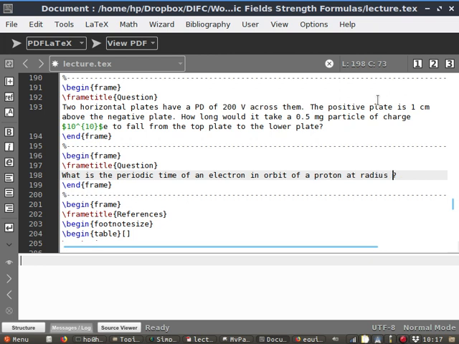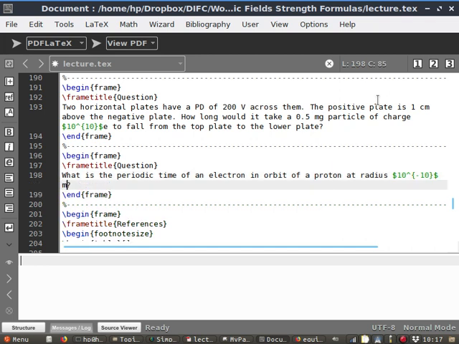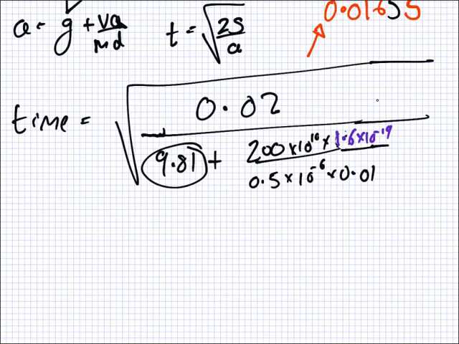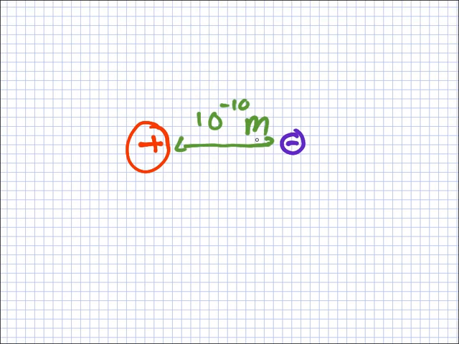One more example here. You have to put brackets everywhere. A proton, an electron, distance here 10 to the minus 10 meters. What type of motion will this make?